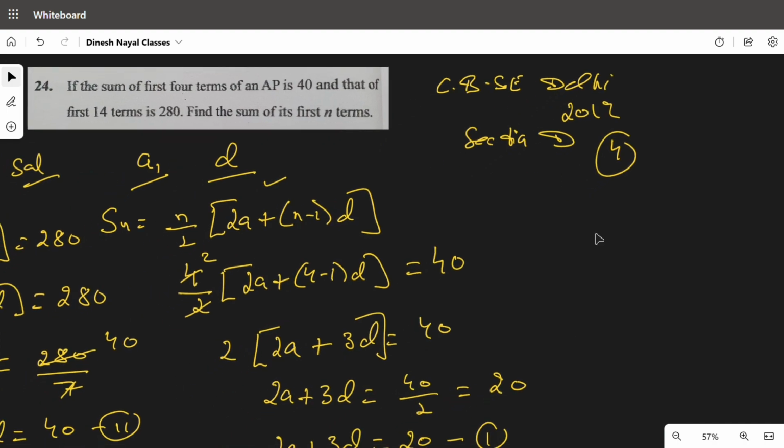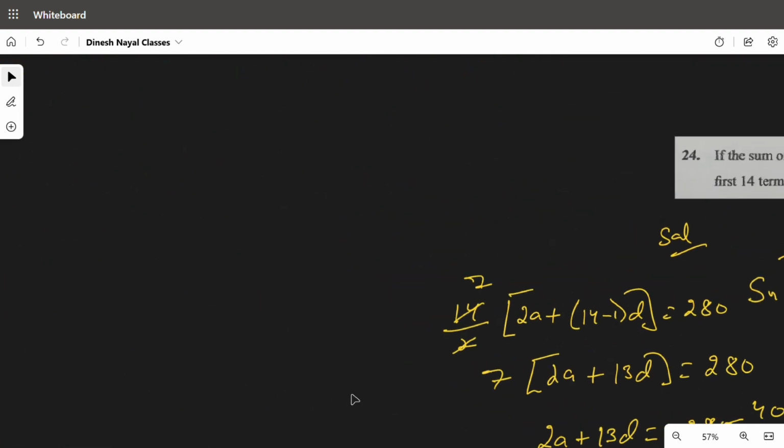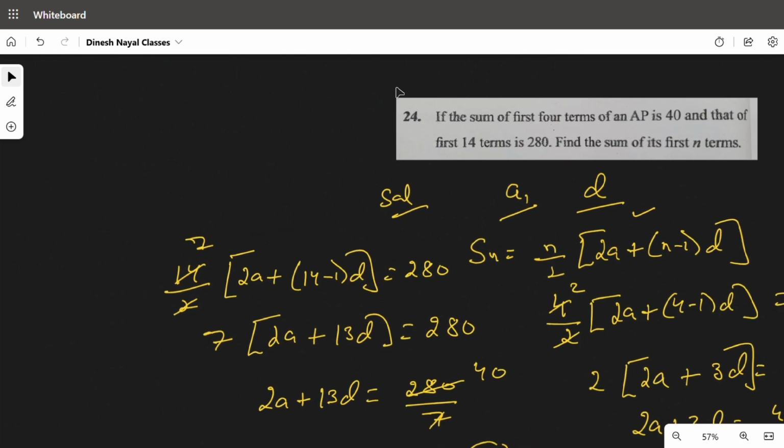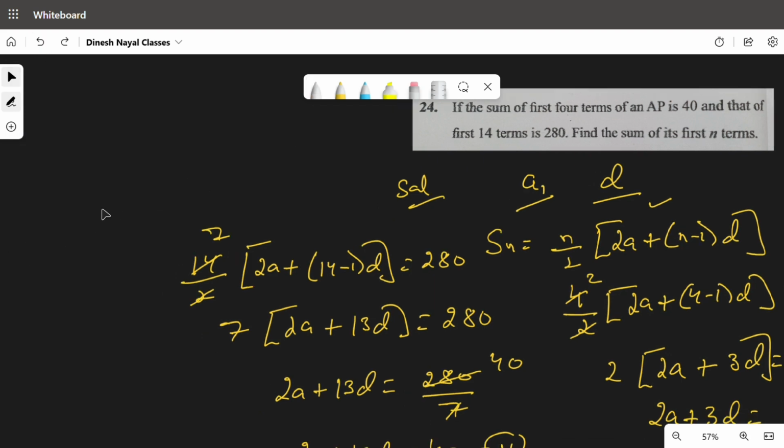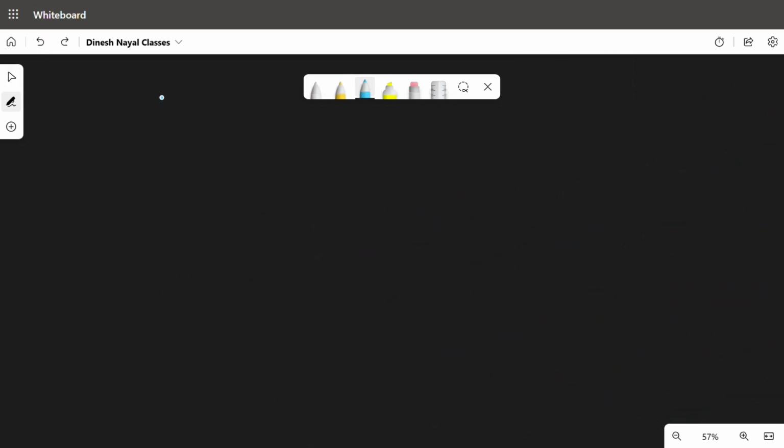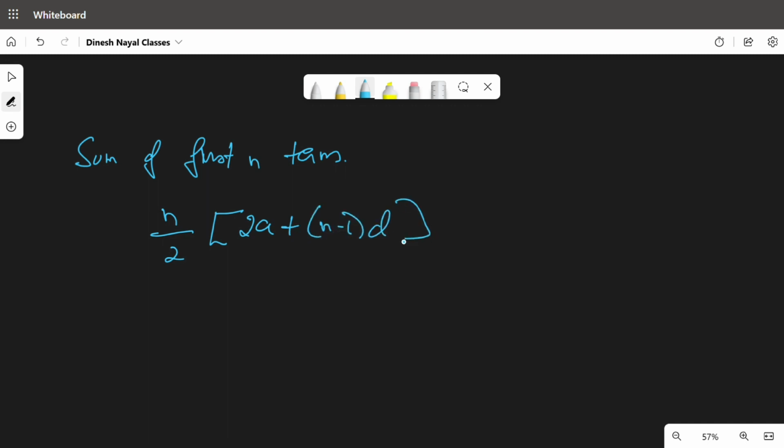Now I can do it over here. The sum of the first n terms is n by 2 times (2a plus (n minus 1) times d).